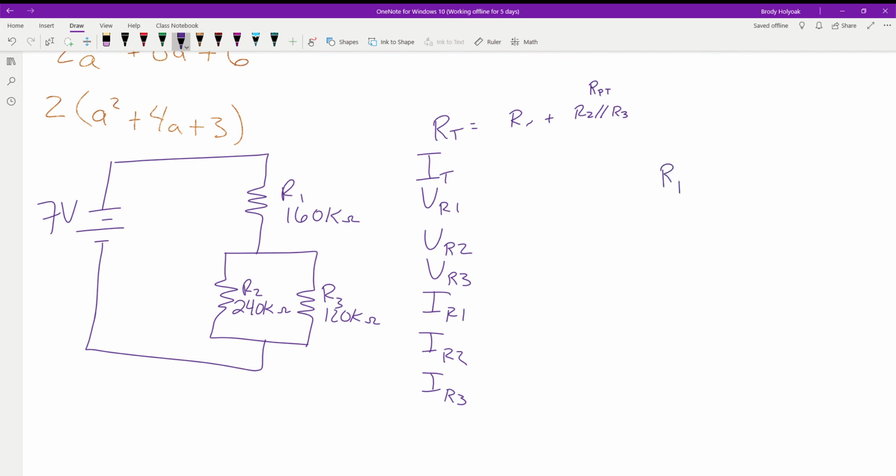R parallel total is equal to, there's two ways to do this one because we have two branches. We can also use the one that we can use every time, our reciprocal method. Product over sum. 80K. And how did you get that?